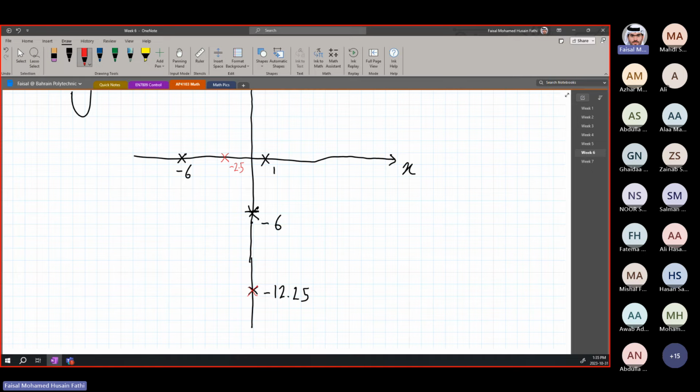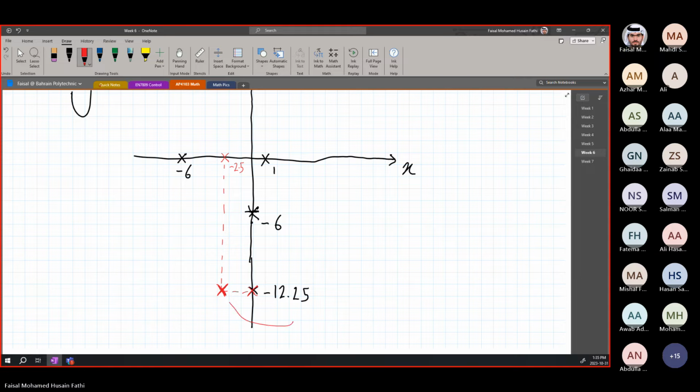So these are the coordinates of my turning point. If we take it all the way down here and match with here, this is going to be our turning point itself.